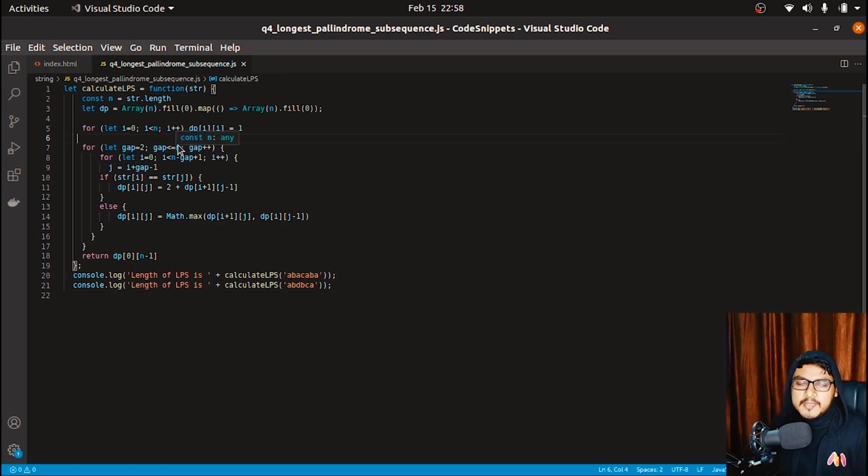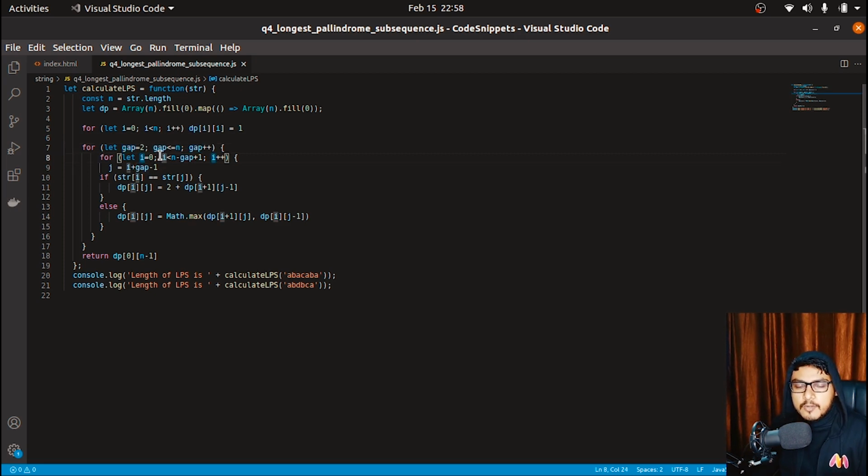The gap is basically the number of characters that we want to consider at a time, like 2 characters at a time, or 3, 4, 5, 6. So the gap between the characters which we saw in the diagram is the value over here. Our gap starts at 2, and we are incrementing the gap till n, and we have variables i and j.